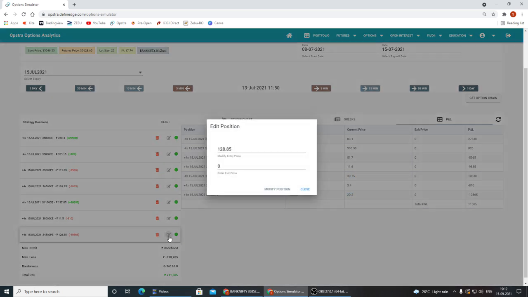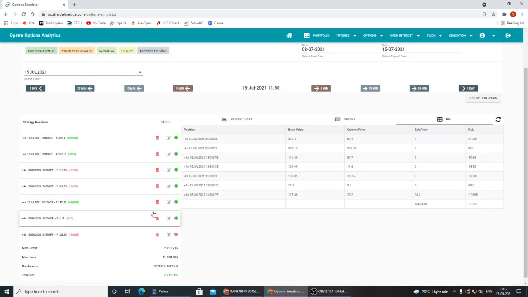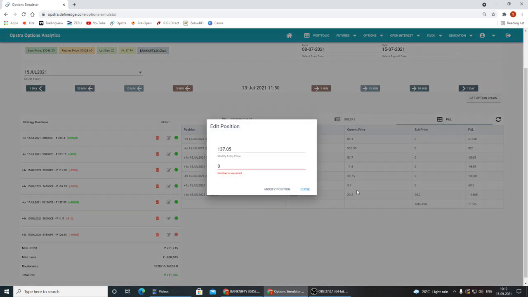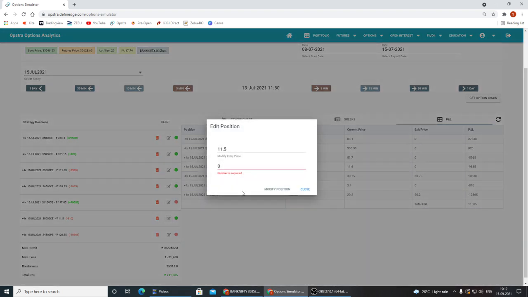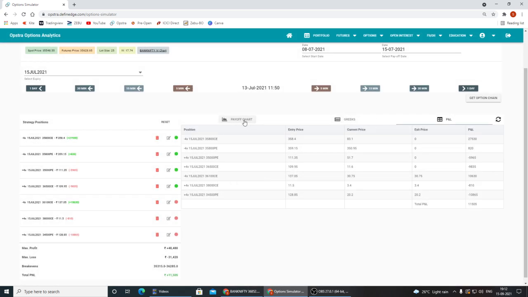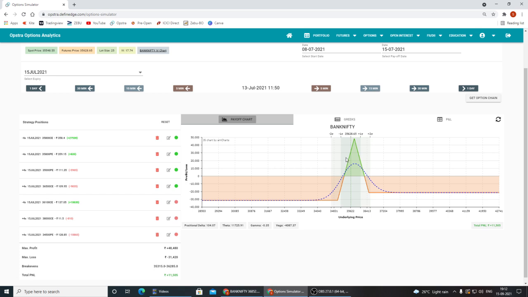We are going to close the 34,500 put at 20 rupees, the 36,100 call at 30 rupees, and also the 38,000 call. Now see the payoff diagram. We are in good shape.